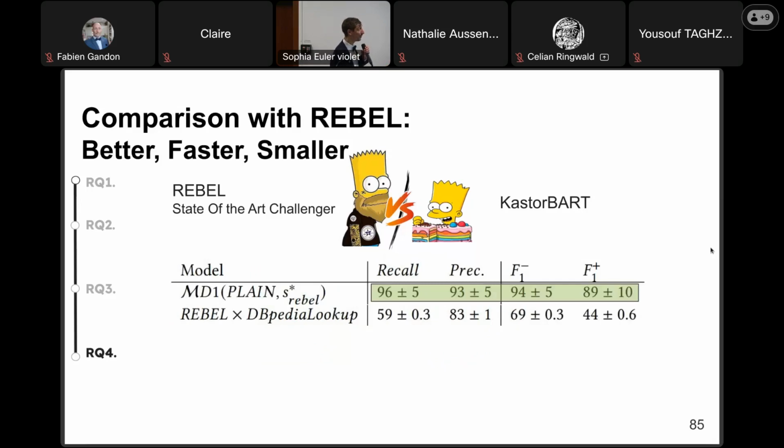And here the results are pretty clear. We are better than Rebel by 20 micro F1 points and 30 F1 points. We obtain these results by being 4 times smaller, by requiring only 10 minutes of fine-tuning, and by producing RDF triples directly, without post-processing.